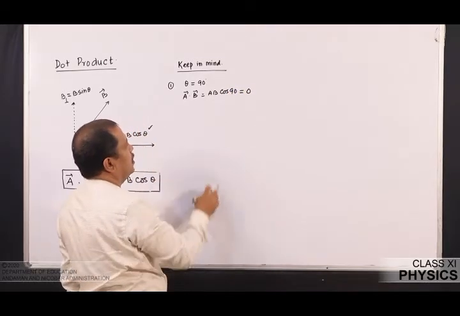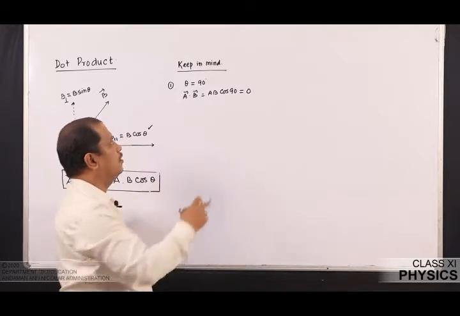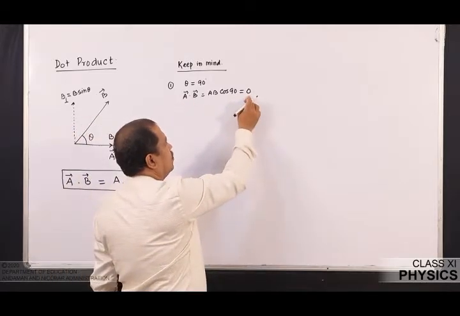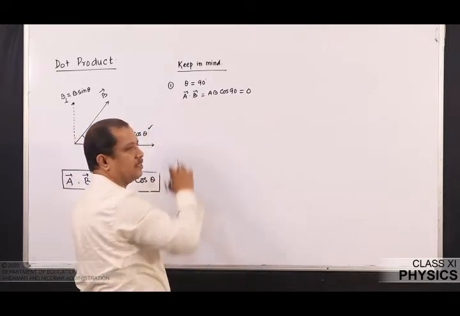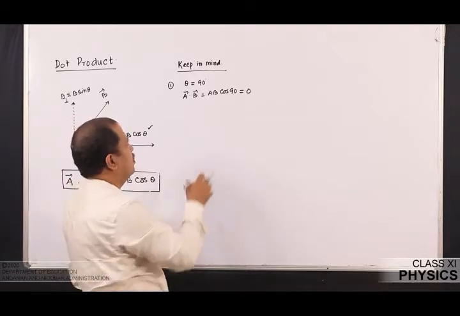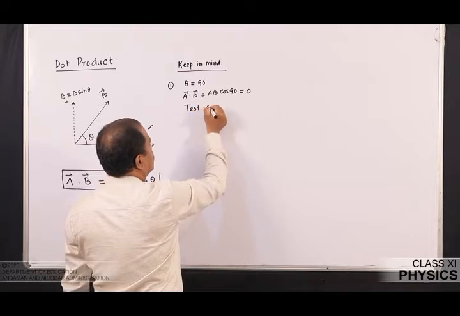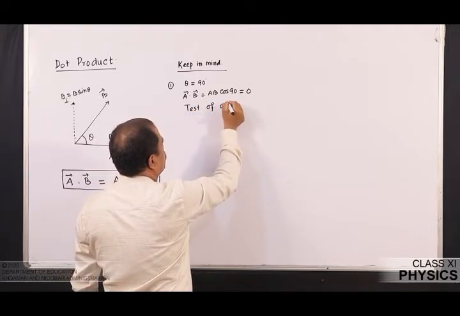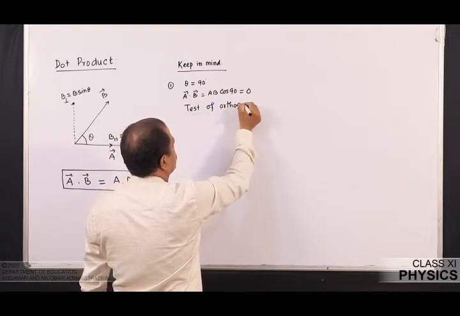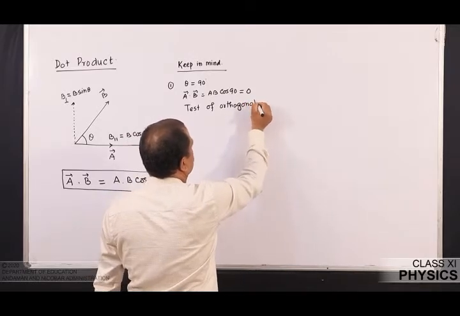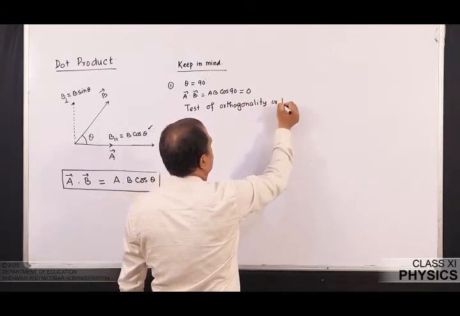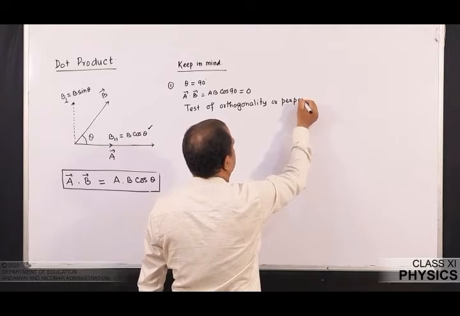If I find the dot product of two vectors and get 0, then I would say these two vectors are perpendicular. Rather, this condition can be used as a test of orthogonality or perpendicularity of vectors.